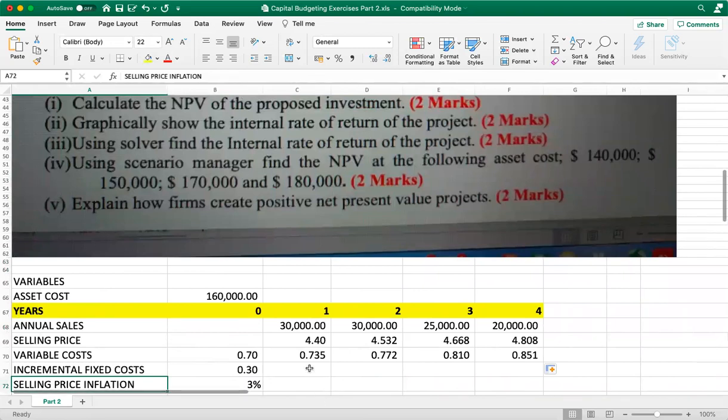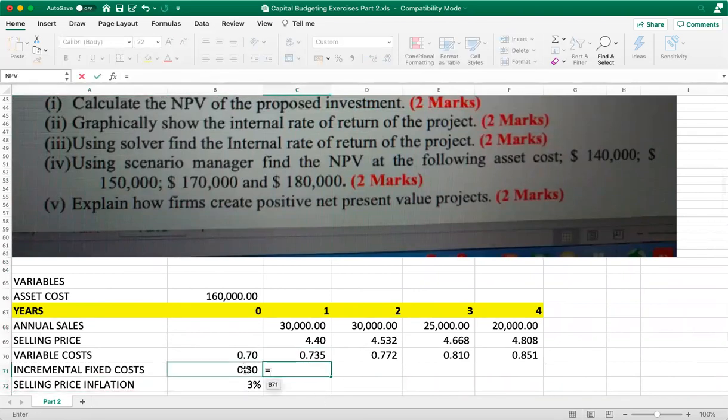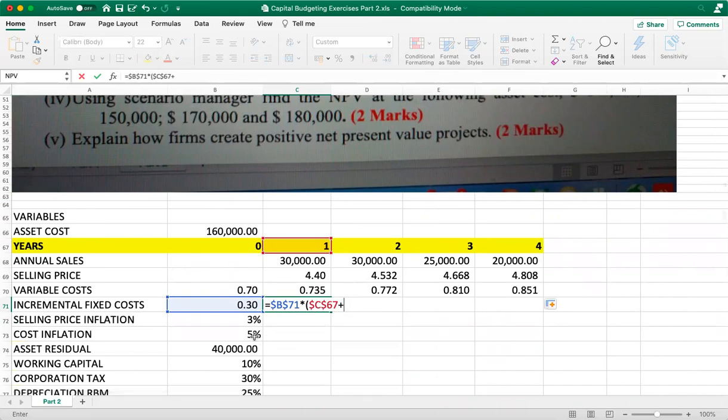So we'll come to year one and say equals, inflate this, multiply by brackets, 1, put dollar sign, plus the inflation. Incremental fixed costs inflation is also 5%, power 1.